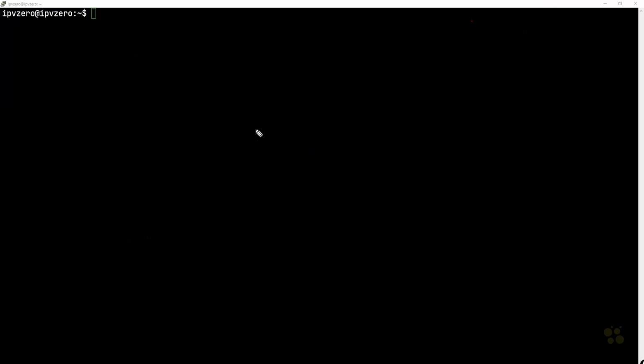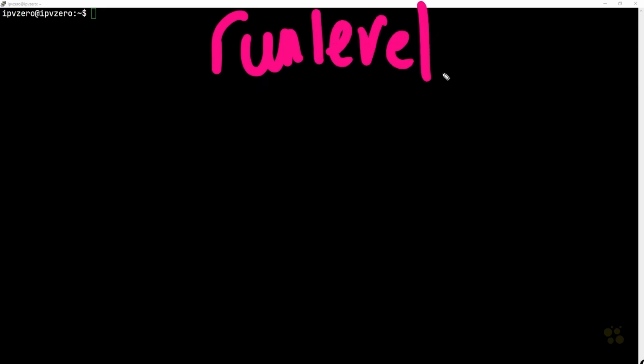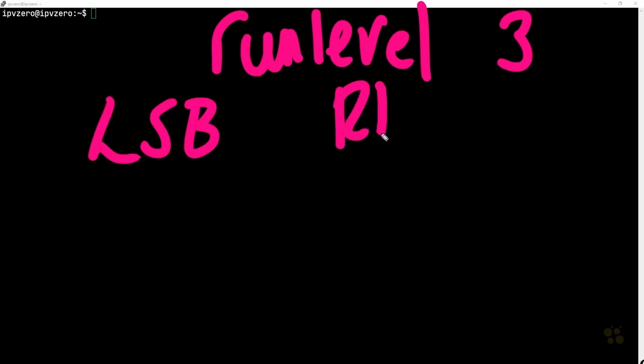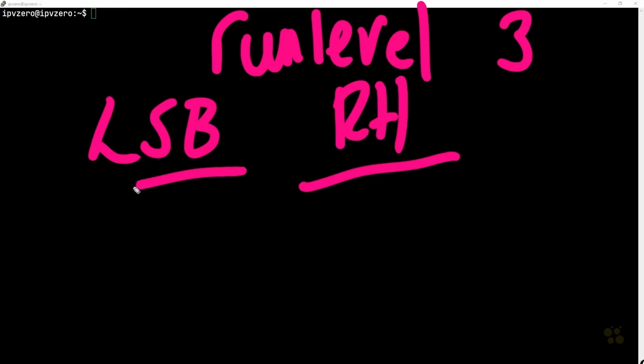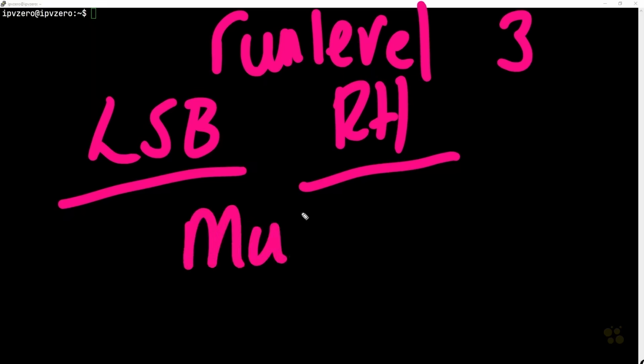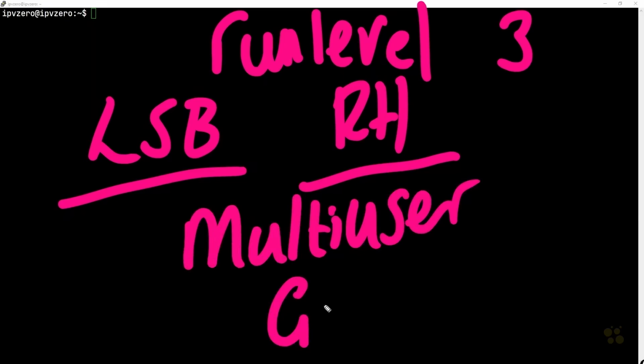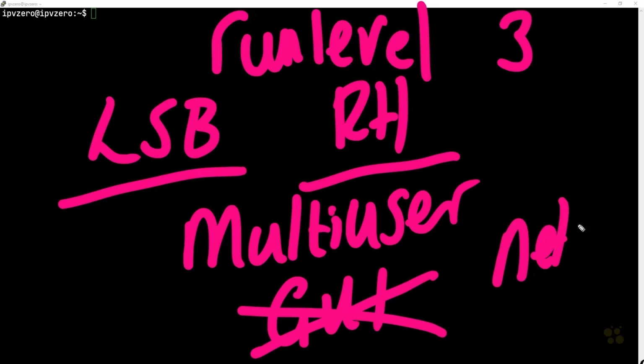So now as we progress to run level 3, we already know what that is going to look like for Debian systems. But what about with the Linux standard base? Well, for Linux standard base, as well as our Red Hat systems, this is going to be the exact same definition. We're going to get multi-user mode, and just like before, we're not going to get a graphical user interface, but we will have network access.